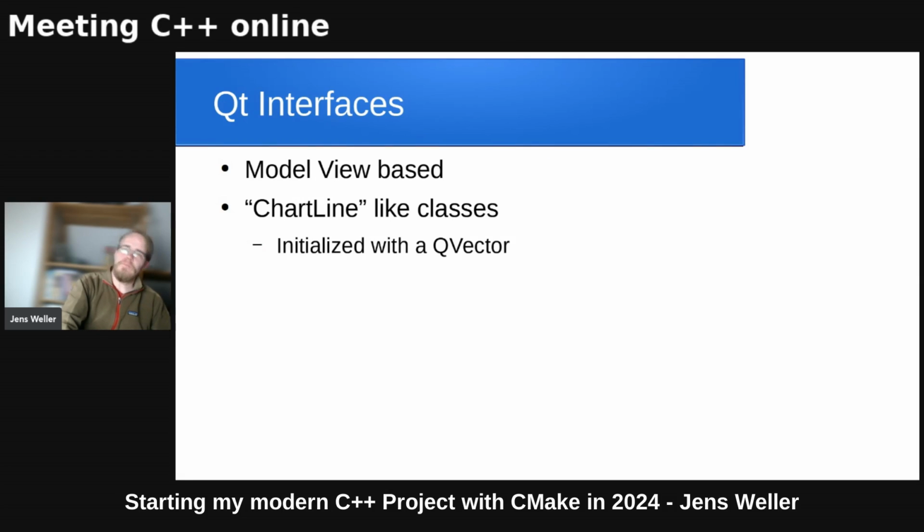And I have used model view in Qt quite extensively, so this is easy to implement. Copying your data in a Q vector is then also a needed thing from the Qt interface, and I have to see when to use one and when to use the other.